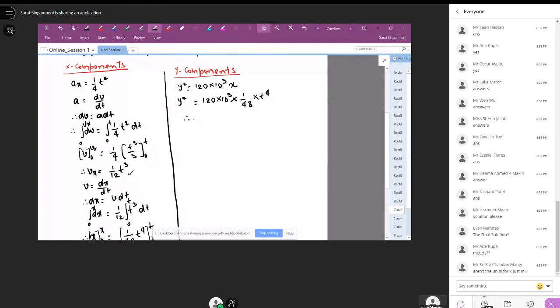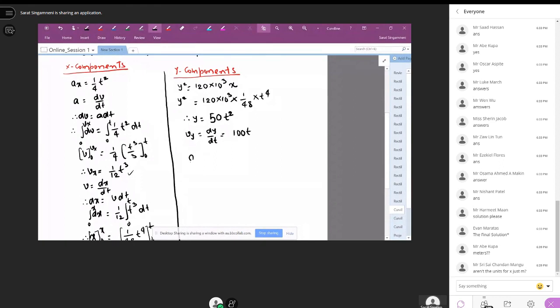So from this, y is equal to 50 t squared. That is the expression for y. So Vy is dy over dt, which is equal to 100t.